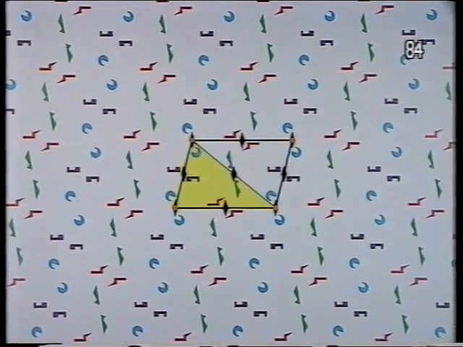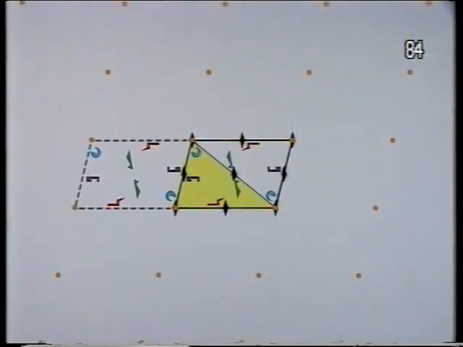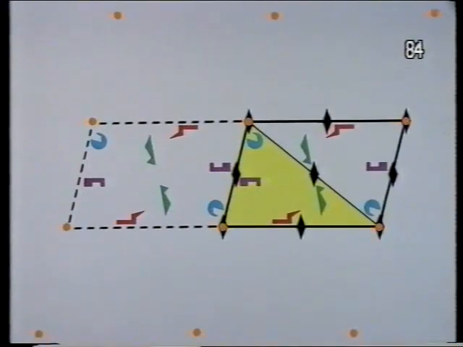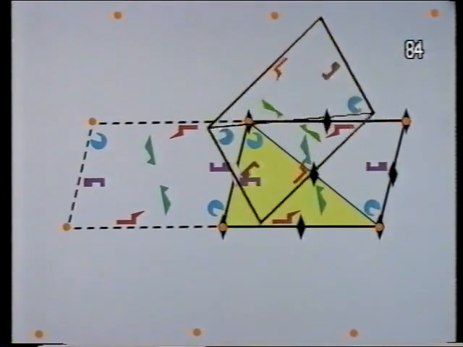Also, the other centers of order 2 exist for the same reason. For example, rotating about this midpoint maps the bottom half of the basic parallelogram into the top half of the adjacent parallelogram.